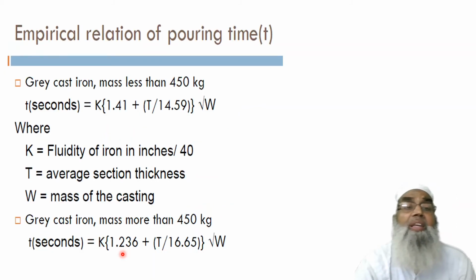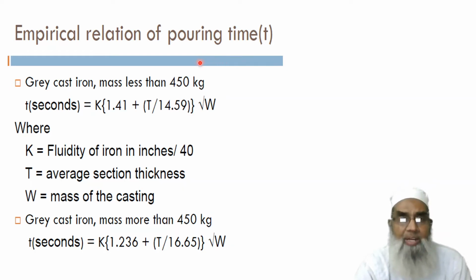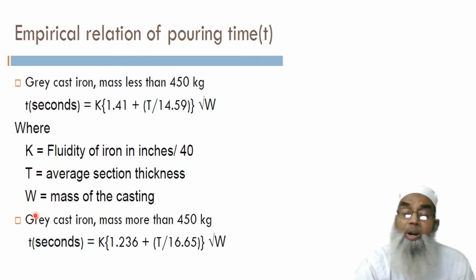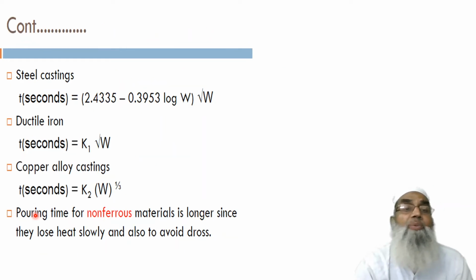And empirically, we can also calculate the pouring time for grey cast iron, for steel, for ductile iron, and for copper alloy. However, the pouring time for non-ferrous material is longer, since they lose heat slowly, and also to avoid dross.